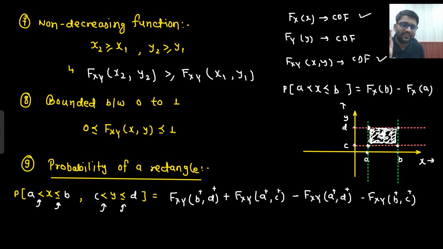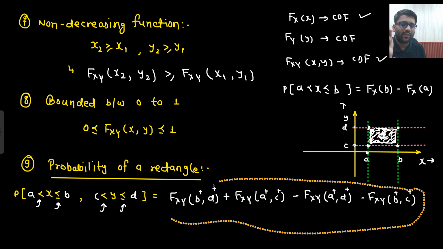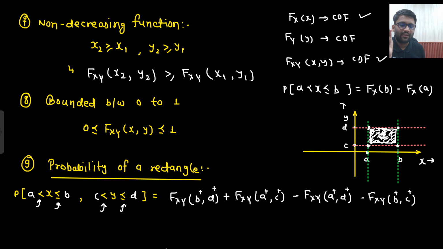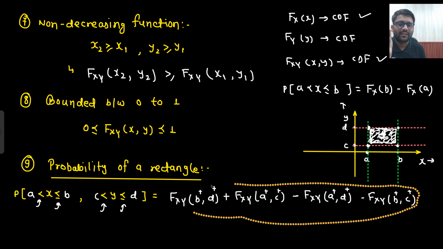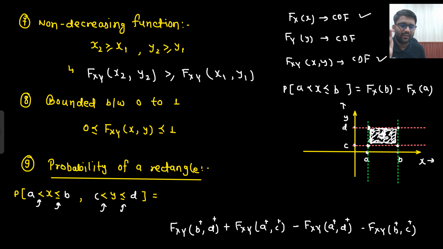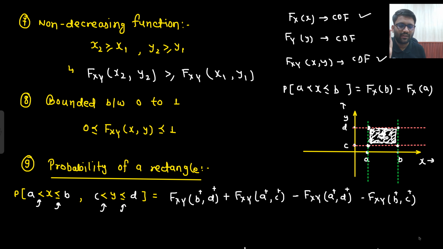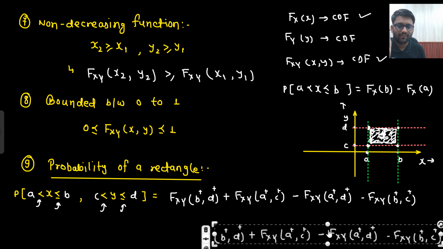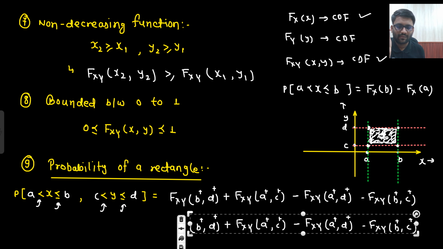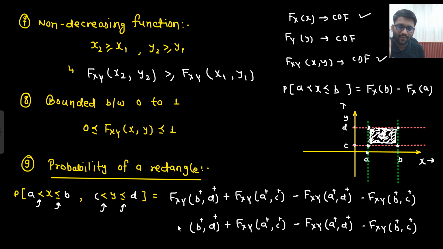And if you don't want to put plus, then mostly the option that will be mentioned in the examination will be without the plus sign, because you know that b plus is equal to b only, a plus, d plus is equal to d only. So it is very rare that this formula will be used to solve the problem.